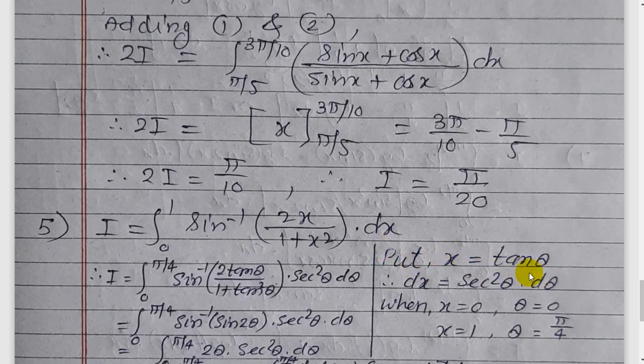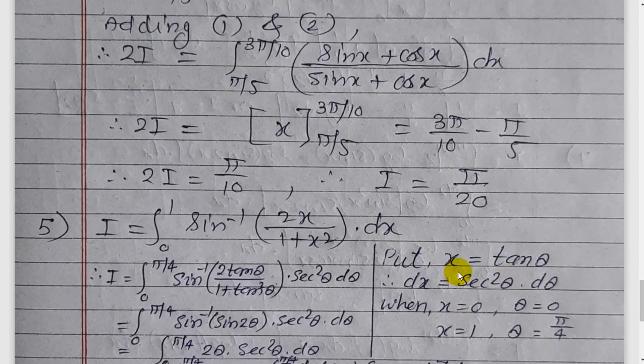Differentiating with respect to x on both sides, the derivative of x is 1 and the derivative of tan theta is sec square theta d theta by dx. So dx equals sec square theta d theta. These two terms, the value of dx and the value of x, are confirmed.